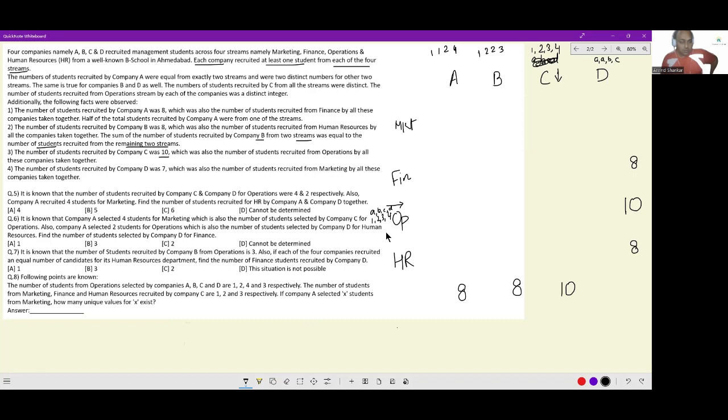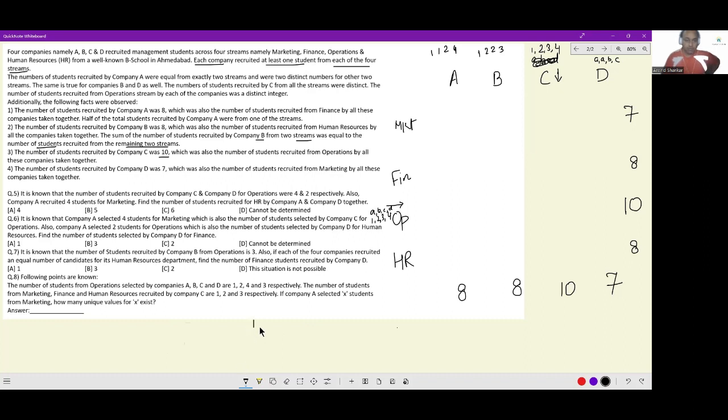Last instruction. The number of students recruited by company D was 7, which was also the number of students recruited from marketing by all these 7 companies taken together. Now this 7 is interesting. Look at what is the minimum number of people that can be hired into D. We need two identical and two distinct.